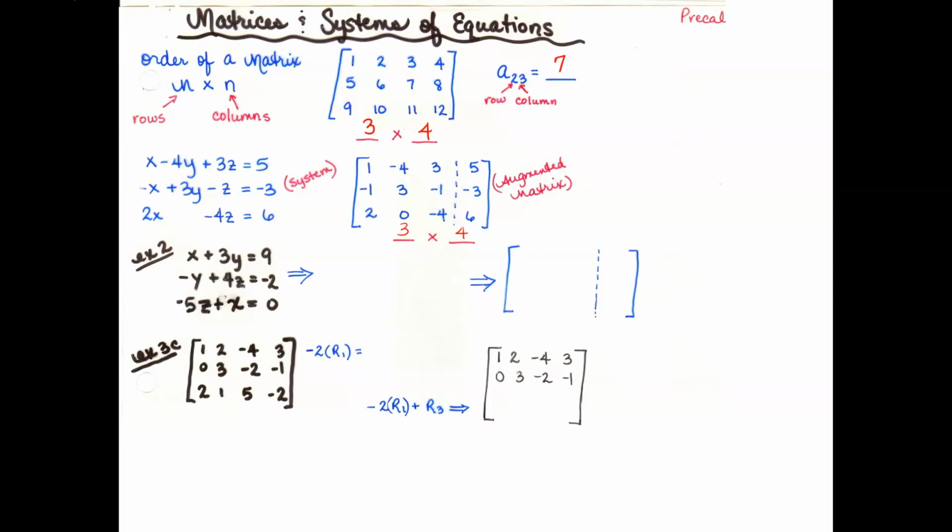Now, if we took off just this last column, what was on the other side of the equal sign, you'll notice the little dotted line right here that designates where the equal sign would go. If I take off this last column and all I have left is this 3x3, what are all of those numbers?